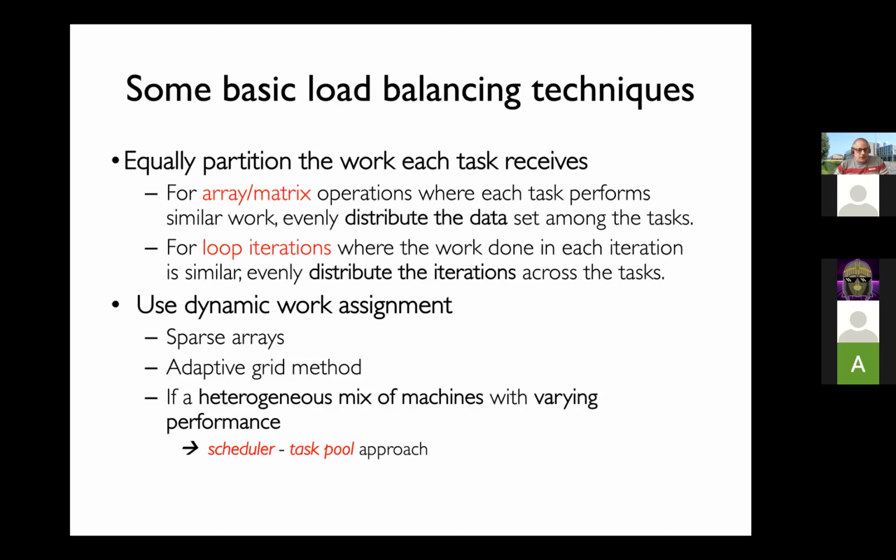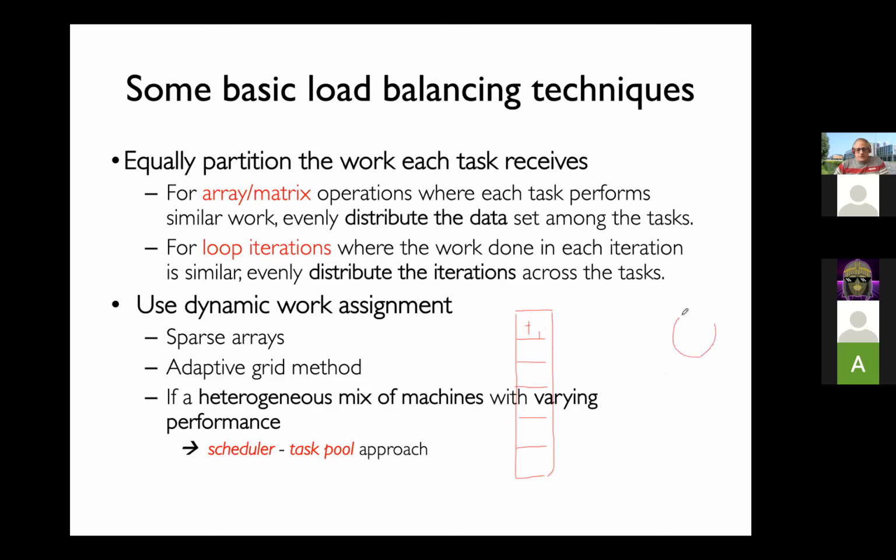A more easy and more reliable way of achieving load balancing is to use what we call a scheduler with a pool of tasks. And that's very simple to explain. Instead of dividing the data and assigning it to the processing units, you just divide your data into parts, and every part will be a task that could be assigned to a processor.